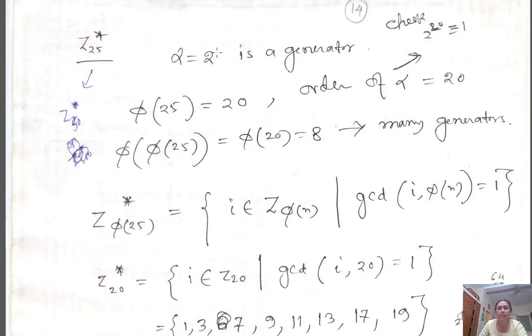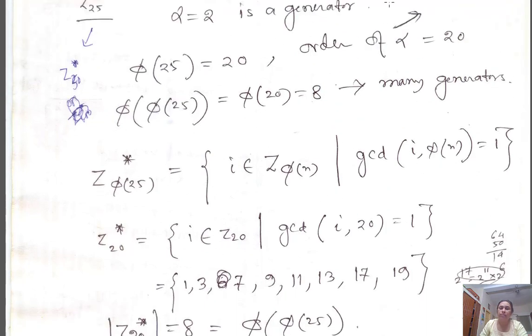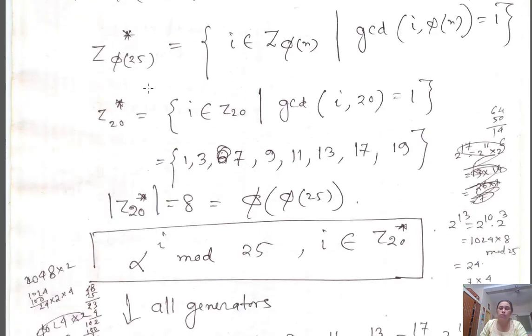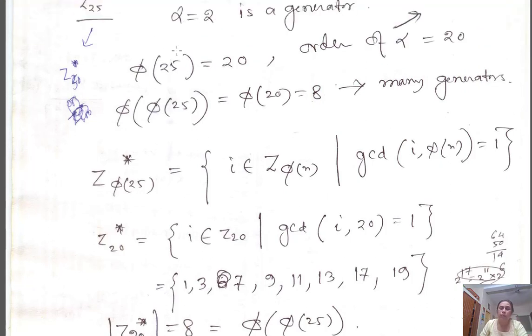If one generator is given, then you can find all the other generators by simply raising this alpha, this 2, to the power i, where i is co-prime to phi 25. So you list all the integers less than 20 which are co-prime to 20.